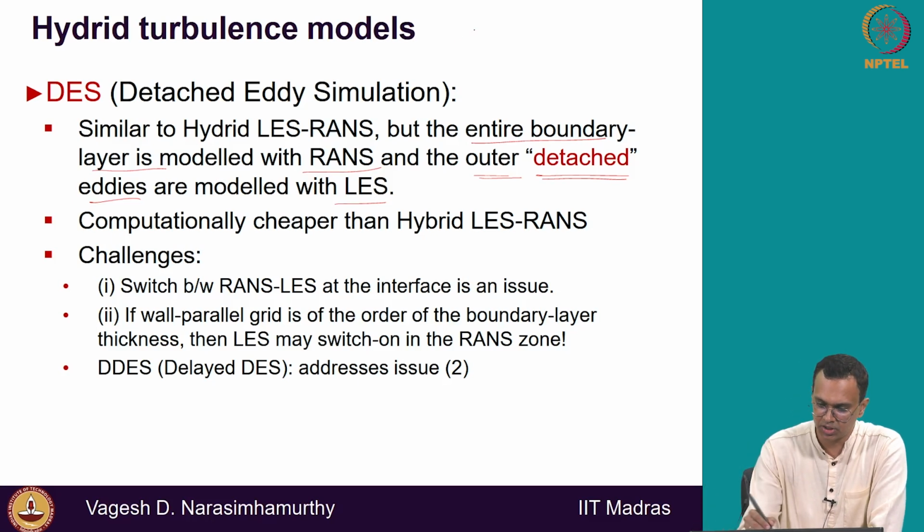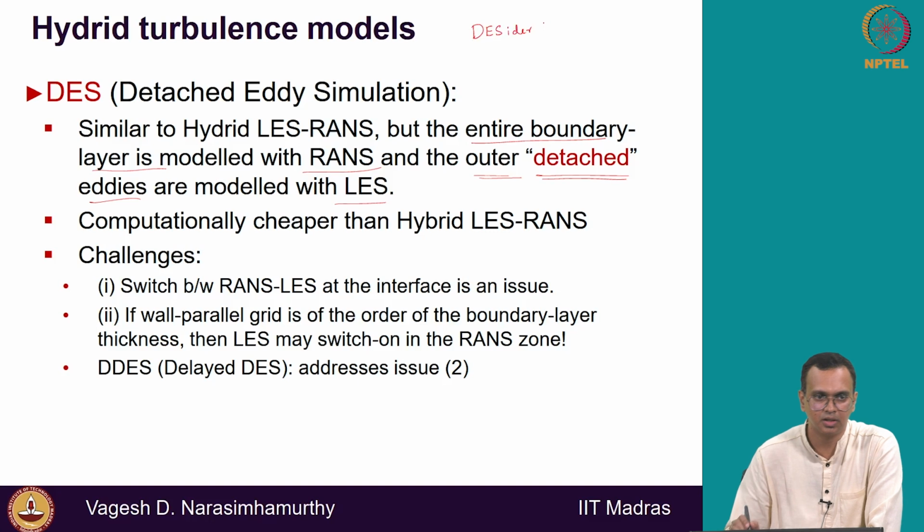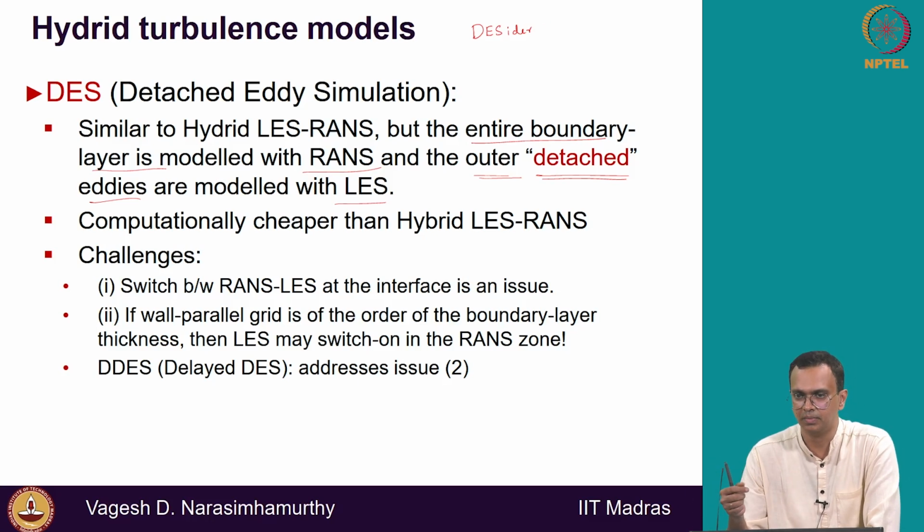There is actually a project called DESider. You can go and see this project. It was a European project about 10 years back, I think, where they looked into whether DES is a viable technique for many aerospace applications, and they found that this is a very good technique.